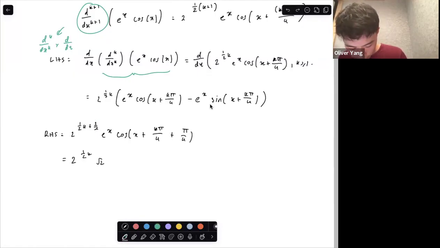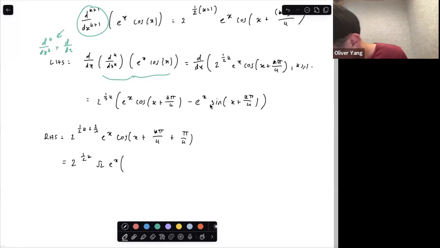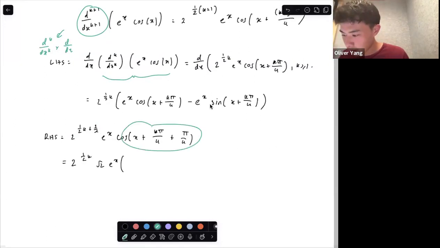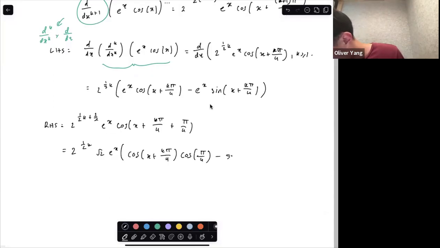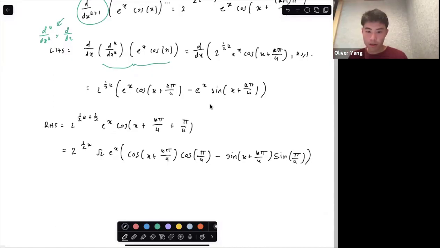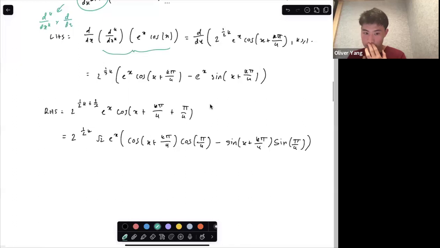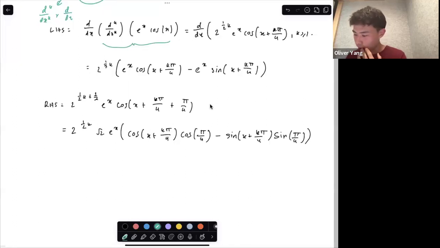And then so e to the x. This is actually just one big integral, so we can expand it as that. So it would be cos(x + kπ/4) cos(π/4) minus sin(x + kπ/4) sin(π/4). And like before, these are 1/2s, right?